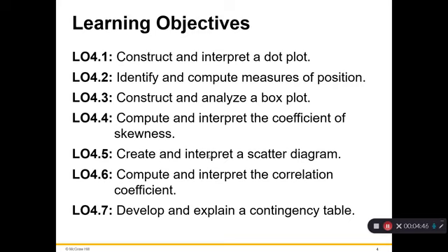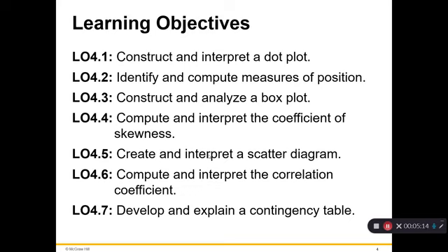We may divide the data into various parts for better representation, so better visualization. So we'll define different positions like quartiles, deciles, or percentiles.